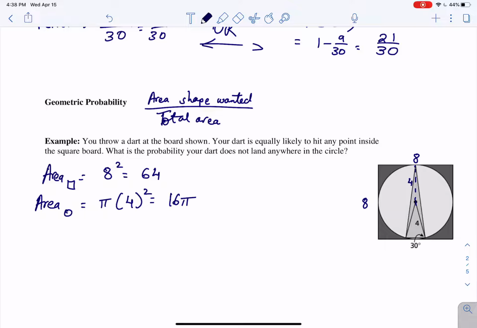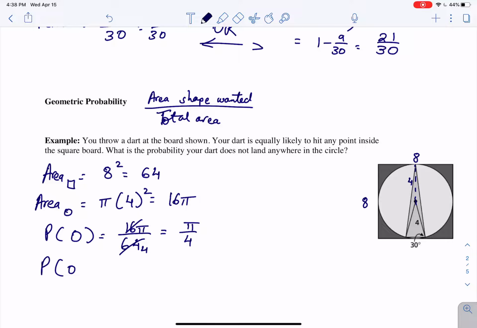And we want to know the probability it doesn't land in the circle. That's a complement. So instead, let's find the probability it lands in the circle: area of circle divided by total area. That's going to be pi over 4. And then we'll do the complement. The probability it doesn't land in the circle is 1 minus that. And we get this probability.